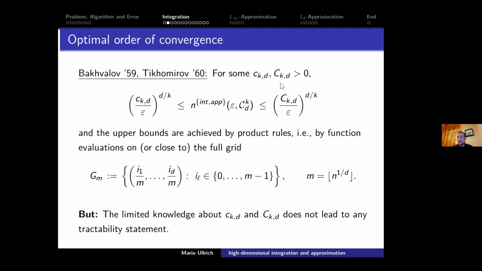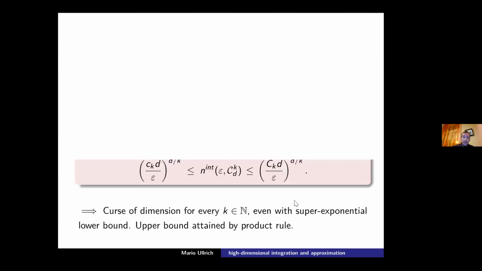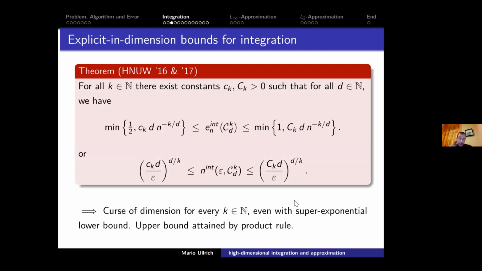So it was not possible to gain precise knowledge in high dimensions. This changed in 2016 first, then we had some follow-up papers. These authors are Erich Novak, Henryk Wozniakowski, myself, and Aicke Hinrichs.